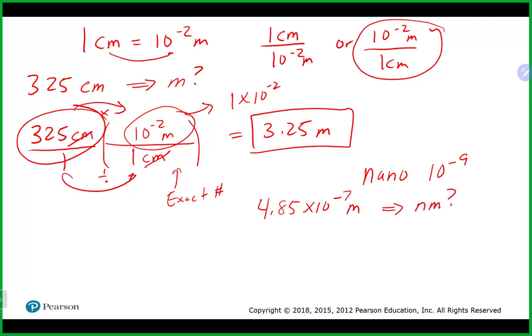Why don't you give it a go? Write the equality that you're going to use, write the conversion factors, and set it up using dimensional analysis. So take a few moments. I'll do it as well. Hopefully I made up the right number. We'll see.